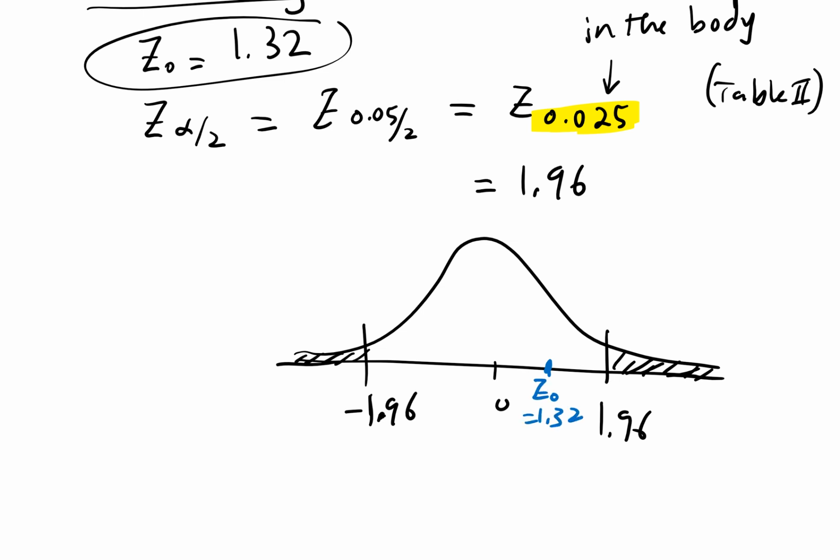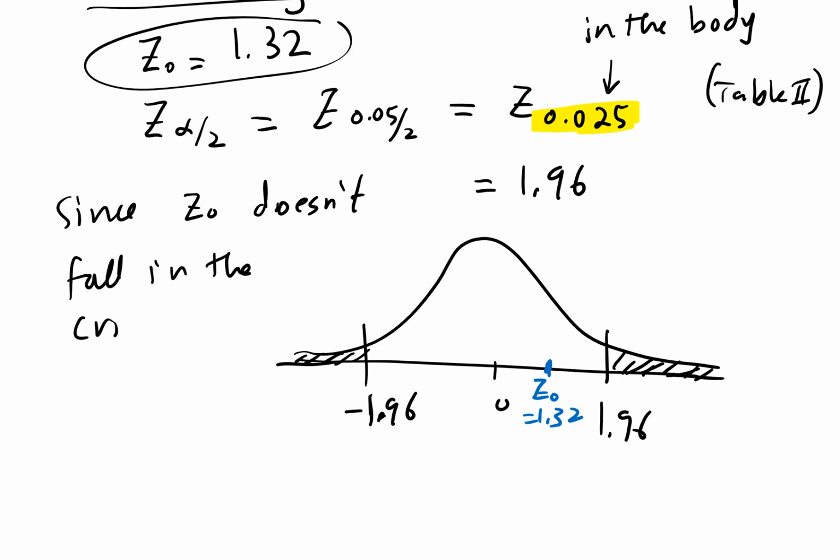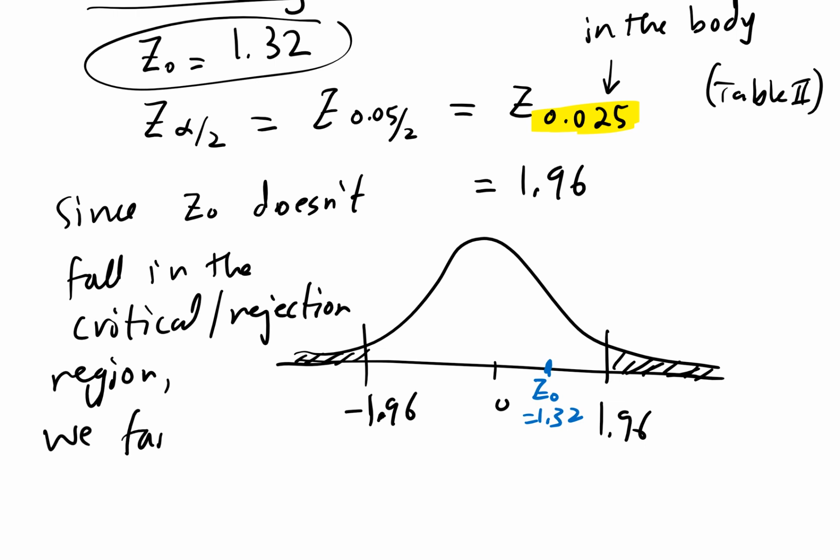So we say since z sub 0 doesn't fall in the critical or rejection region, we fail to reject the null hypothesis H sub 0.